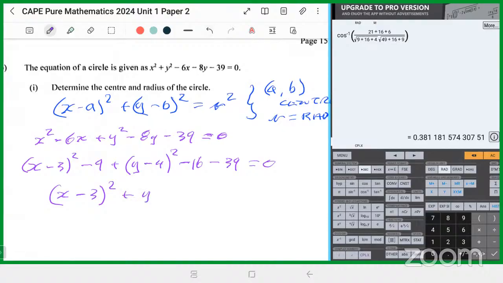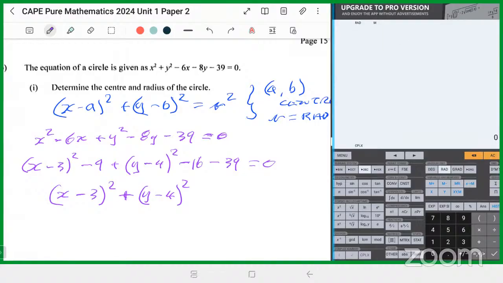So now I have x minus 3 squared from here, plus y minus 4 squared from here. And I have minus 9 and minus 16, that's negative 25, and then minus another 39. So that's minus 9 minus 16 minus 39, which is negative 64.